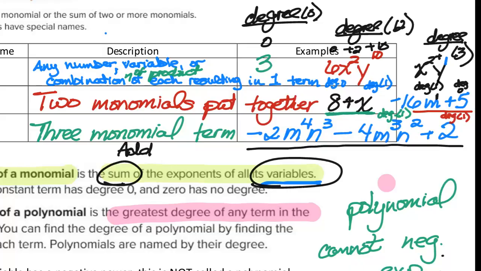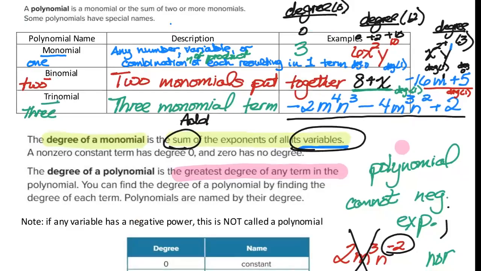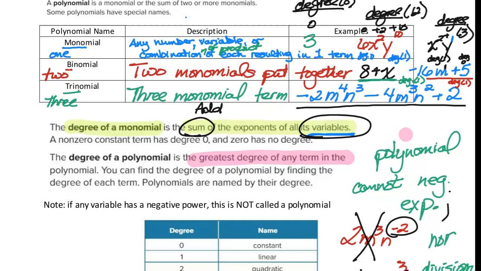Now let's look at the trinomial. This is a better example. What is the degree of the first monomial there? 7, right? This is a degree of 7. 4 plus 3 is a degree of 7. What's the degree of that second monomial? 5. Degree of 5.